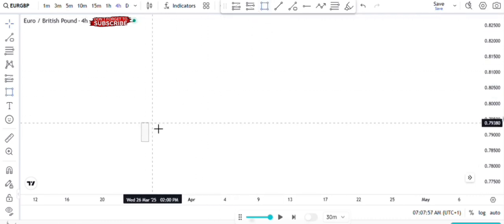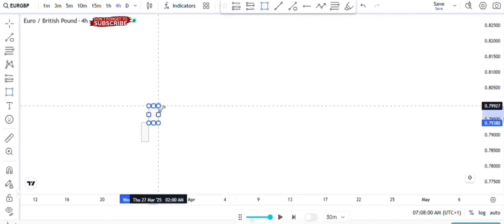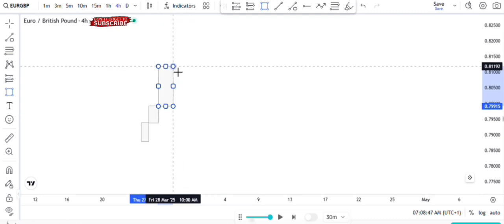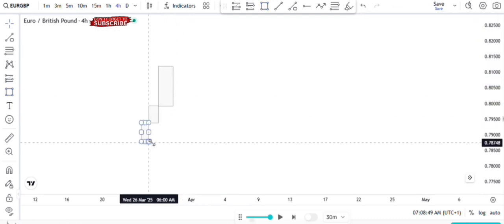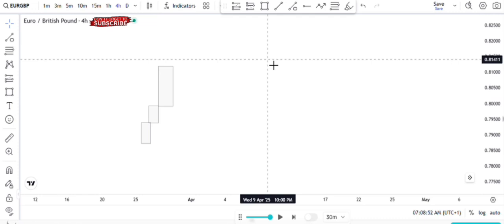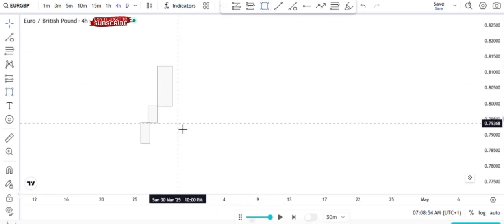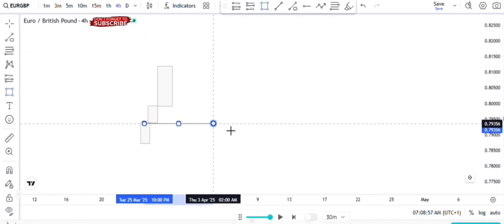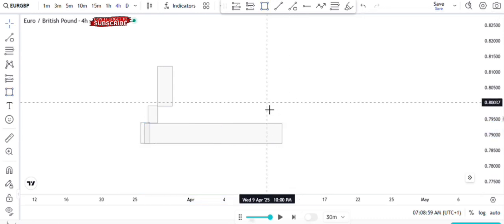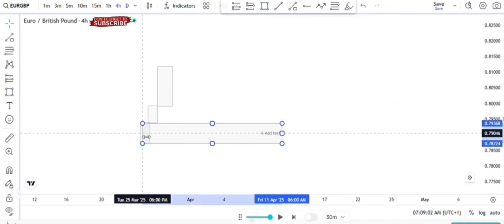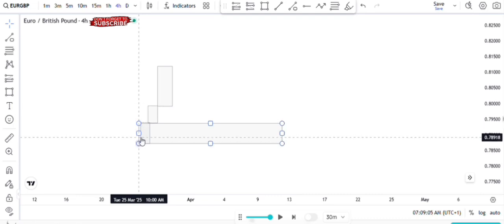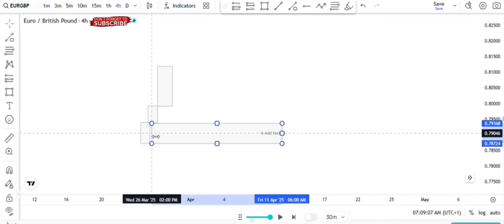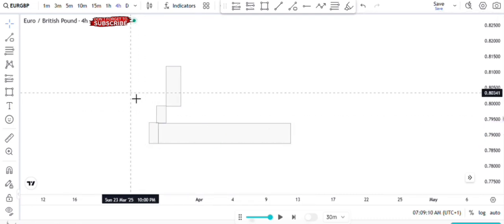For example, when we have 3 candles right here, this is for the bullish scenario. Assuming this is your order block, this is your last bearish candle before the impulsive move to the upside. You can mark this as your order block.